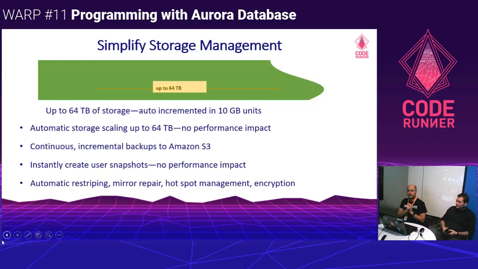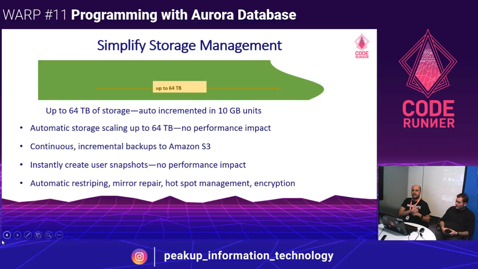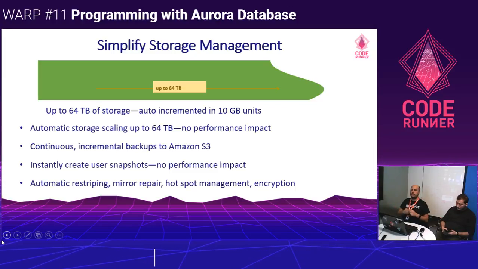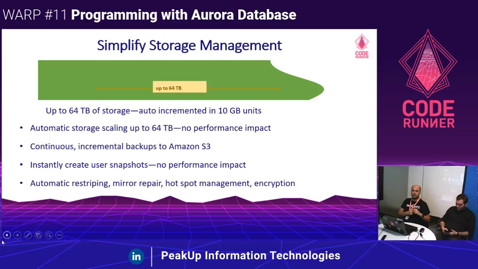There is also continuous backup in AWS, and the system backs up your database to Amazon S3, so you can access the latest backup whenever you want. And you can create a user snapshot without any performance lag.